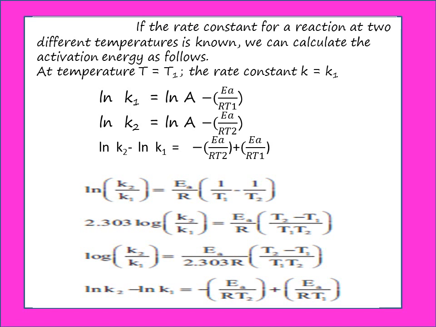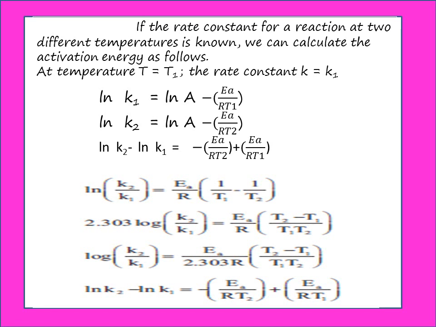We know that ln k = ln A - Ea/RT. If the rate constant of the reaction at two different temperatures is known, we can calculate the energy of activation Ea. For example, if the temperature at the initial stage is T1 and the rate constant is K1, then ln K1 = ln A - Ea/RT1. If the temperature is T2, then the rate constant is K2.